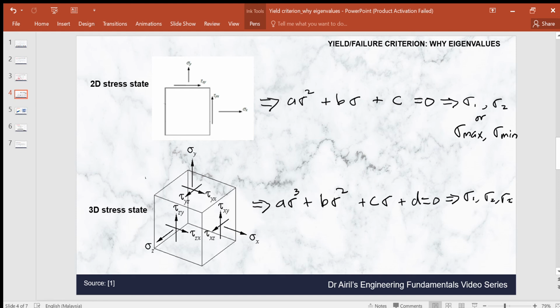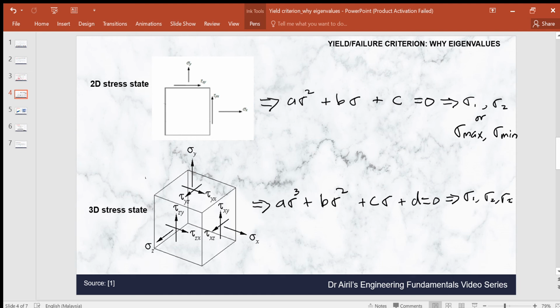Thus, we need a different approach, and that approach is by treating the determination of the principal stresses as an eigenvalue problem. Indeed, this suits computer programming and software development because, as you're going to see in later videos, they will be in the form of matrix analysis.